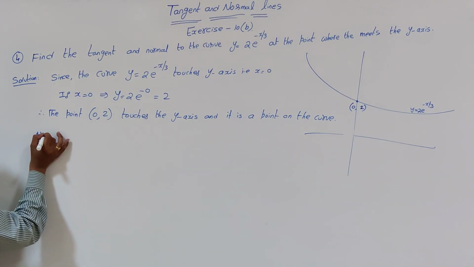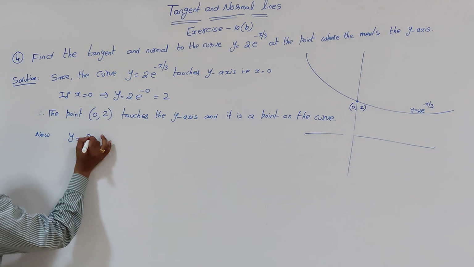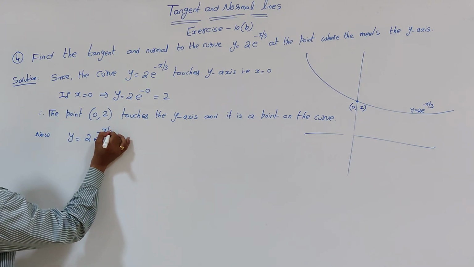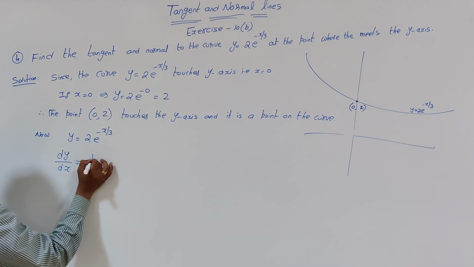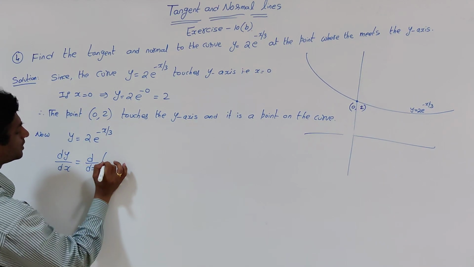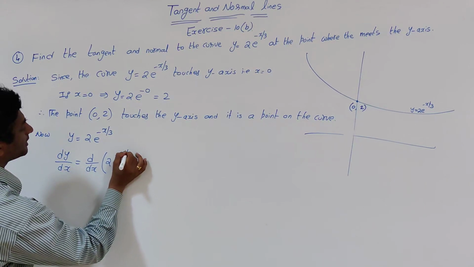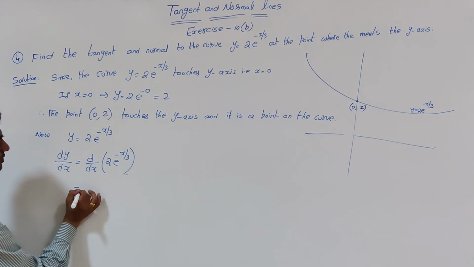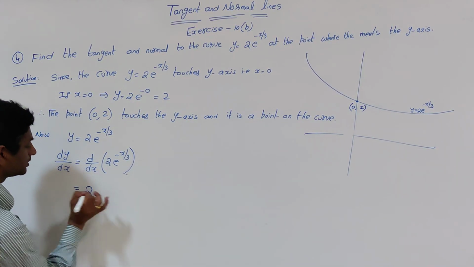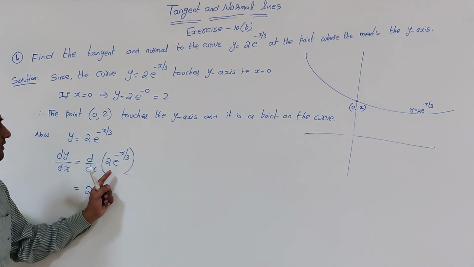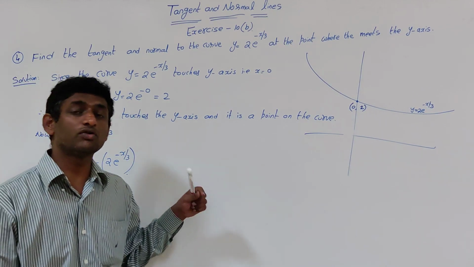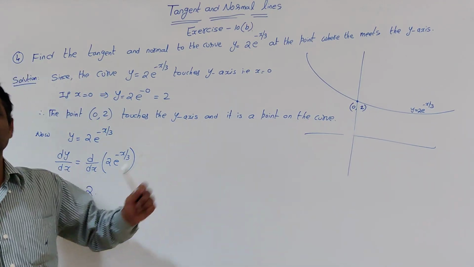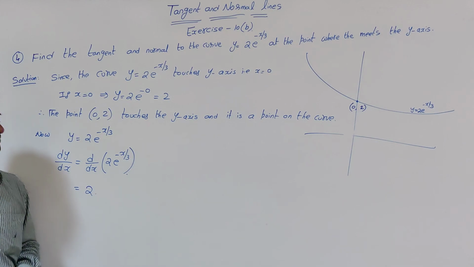Now y is equal to 2 into e to the power of minus x by 3. So differentiate both sides with respect to x, that is dy by dx is equal to d by dx of 2 into e to the power of minus x by 3. So what is the derivative? 2 is out as it is constant. And what is the derivative of e to the power of minus x by 3? It is like the derivative of e to the power of x, which is e to the power of x.